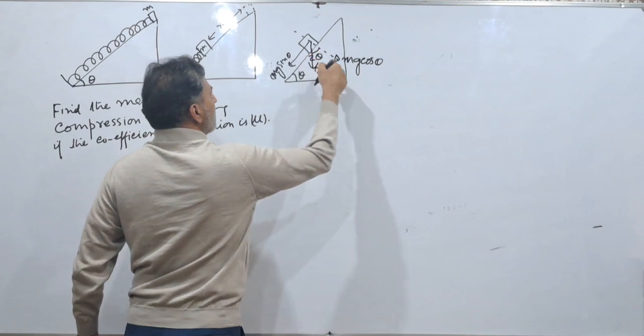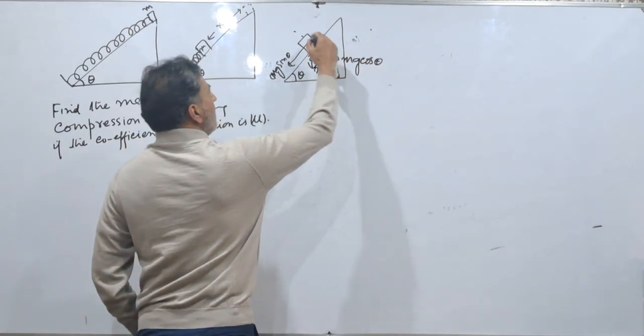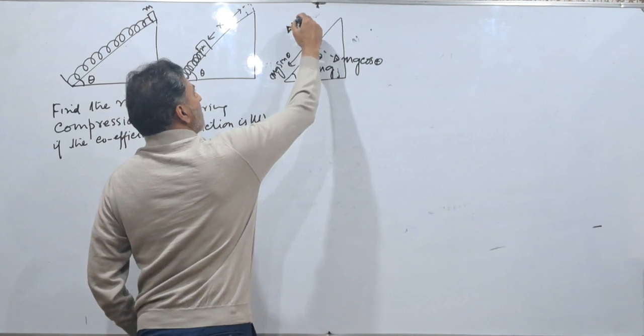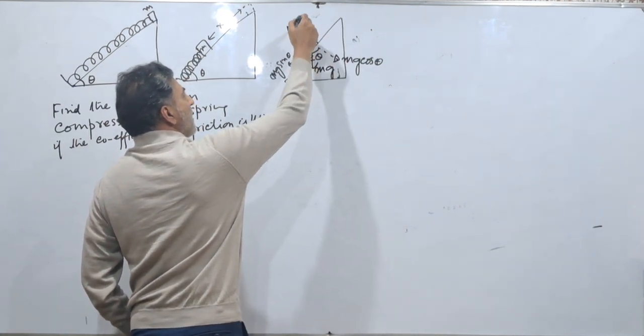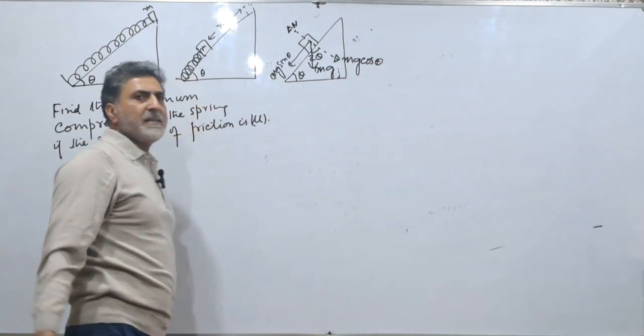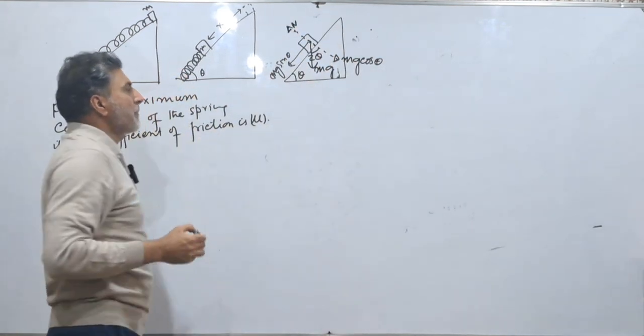So I have resolved this force into two pieces. And mg cos theta will be balanced by the normal reaction, because otherwise there will be motion. This normal reaction is equal to mg cos theta. As such, there is no motion perpendicular to the plane of the incline.